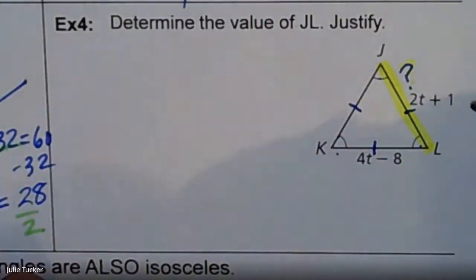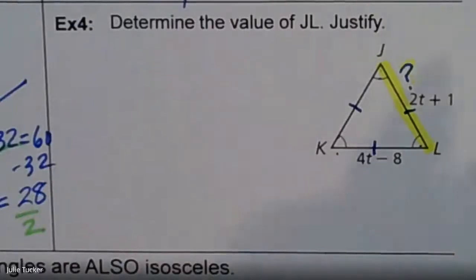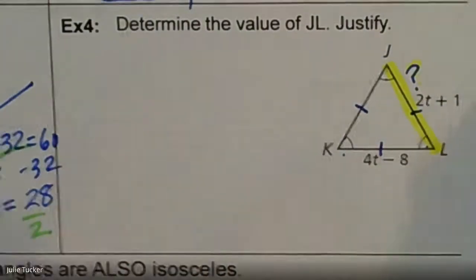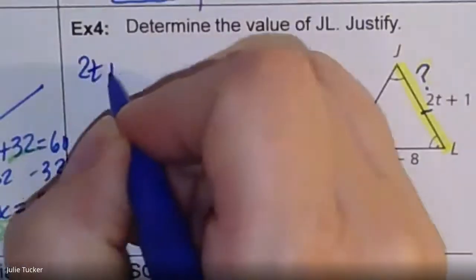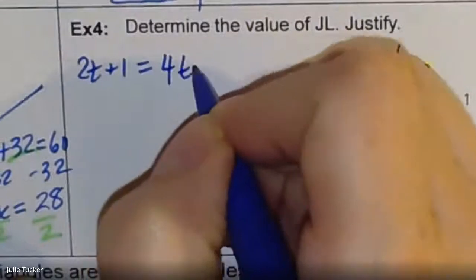If it's equilateral, that means equal side lengths. So I can set what? Equal side lengths, exactly. So I can set this equal to that. I can write 2t plus 1 equals 4t minus 8.